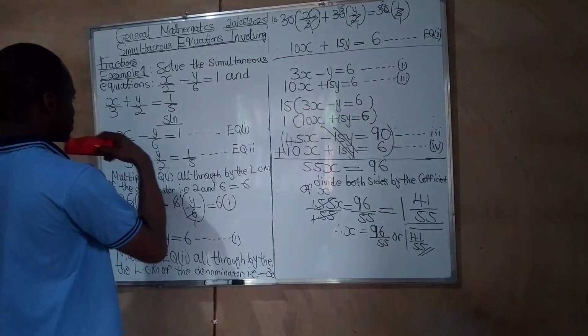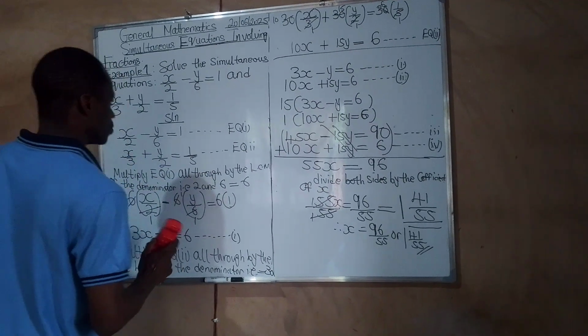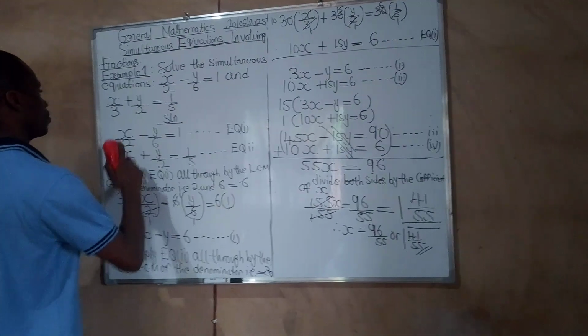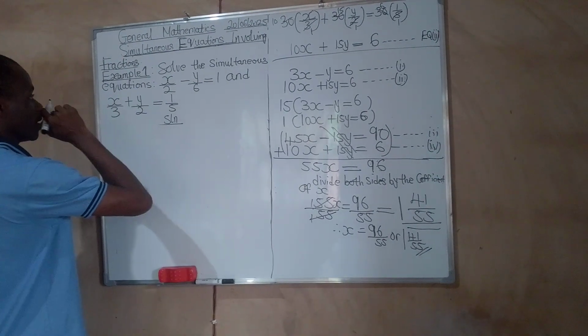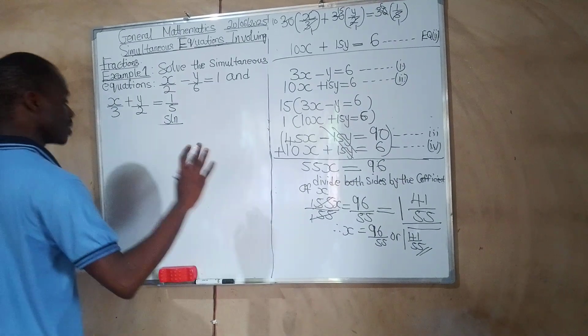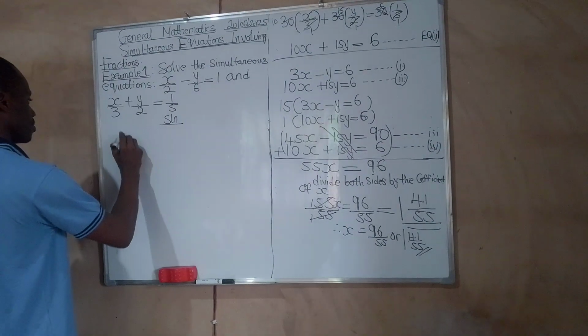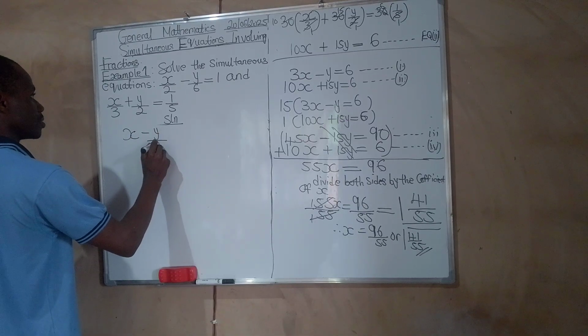So now the next thing we're looking for is what? y. So let's see what we can do to get our value of y. Back to the same question, we are looking for the value of y now. We have gotten x, and we have to rewrite the question. x minus y over 6.